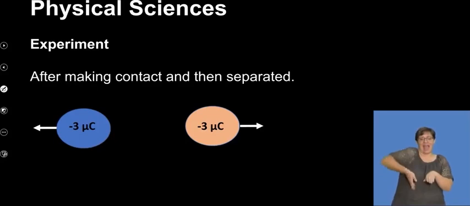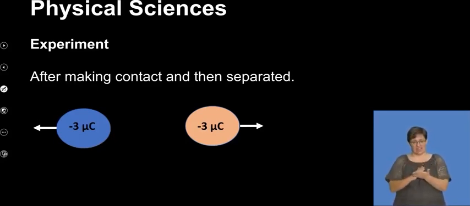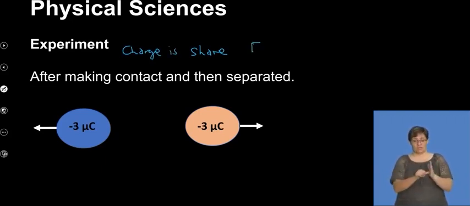So after making contact, they've shared this excess charge equally. During that process of coming into contact, they actually share charge equally. Let's highlight that because it's very important. So charge is shared equally. Now we're talking about excess electrons in this case.